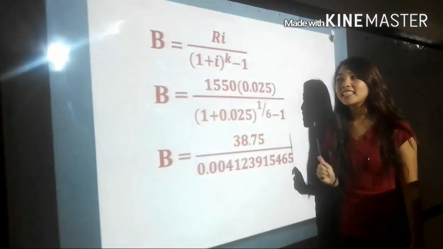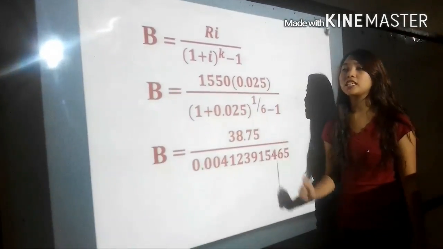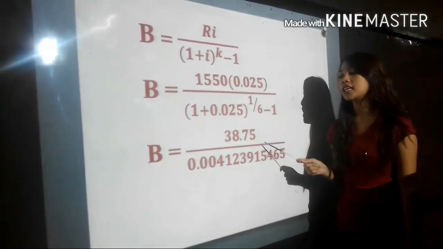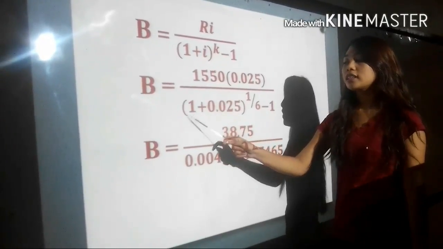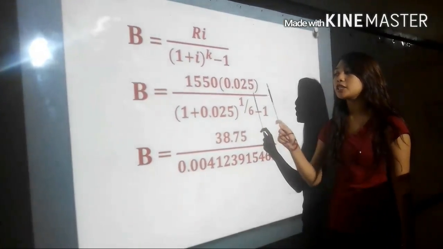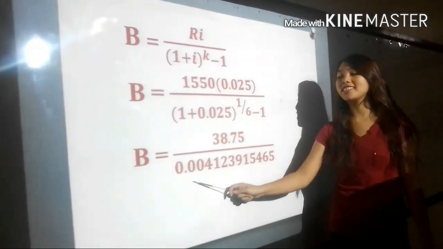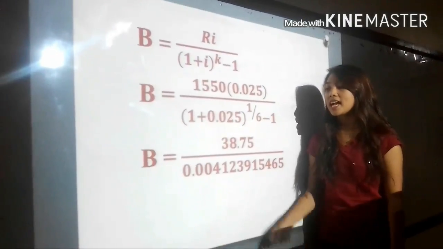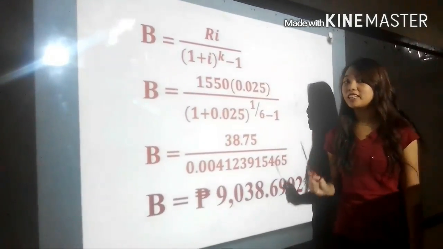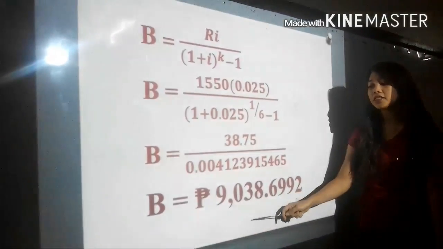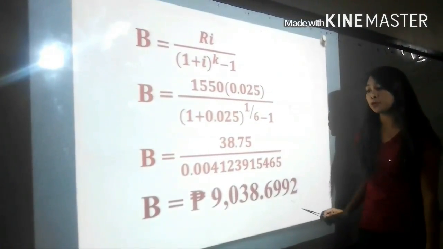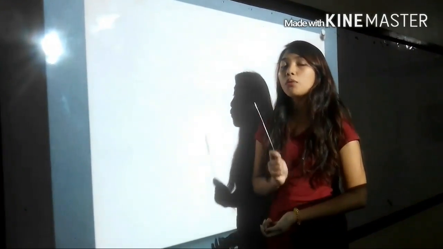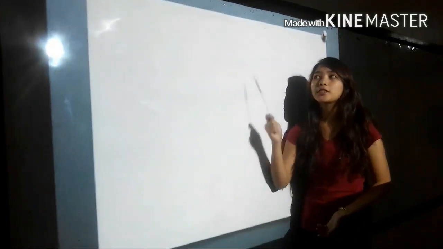To make it easier, we will solve these two individually. 1,500 times 0.025 is 37.5, and the quantity 1 plus 0.025 raised to 1 over 6 minus 1 is 0.004123915. Divide these two, and we will come up with this solution. R is equal to 9,038.6992 pesos. Since we already solved the periodic payment, now we will solve the future value.